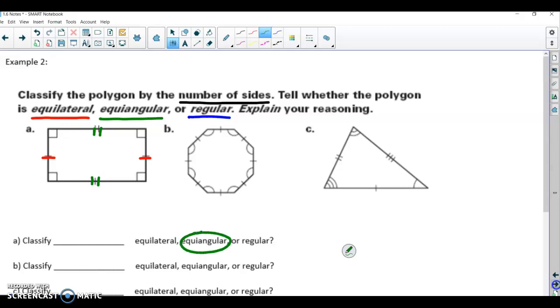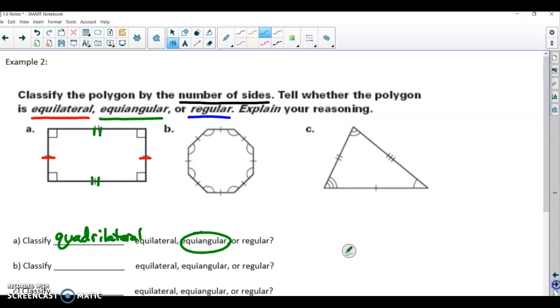And we also need to determine what it is by the number of sides. So our number of sides tells us it's a quadrilateral because it's got 4 sides. It's a quadrilateral. It's equiangular.